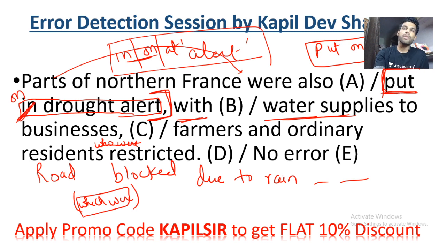You have to follow some phrases as well, how they are written in a statement. You put something on alert. Are you familiar with this? Put something on fire. I think this must be okay to you. The correct version of the phrase is put something on alert. You have to remember this.